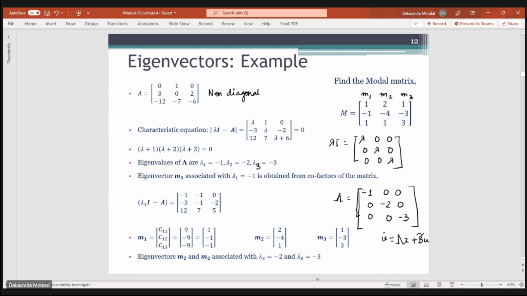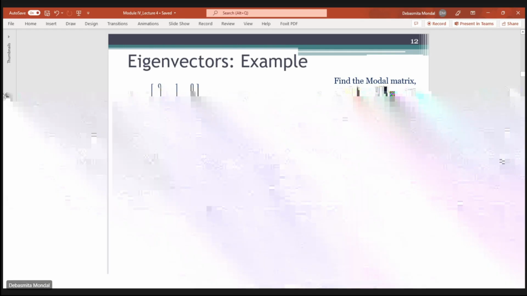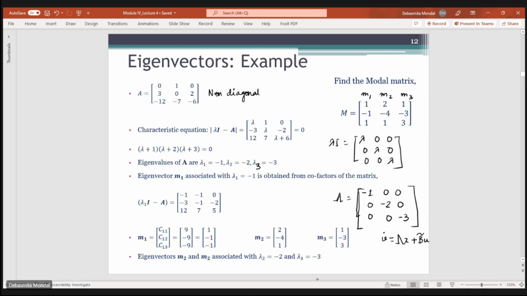So that will give you 9. Similarly, you can find out the other cofactors. And in the simplified form, the eigenvector M1 is given by a column matrix, the elements being 1, -1 and -1.